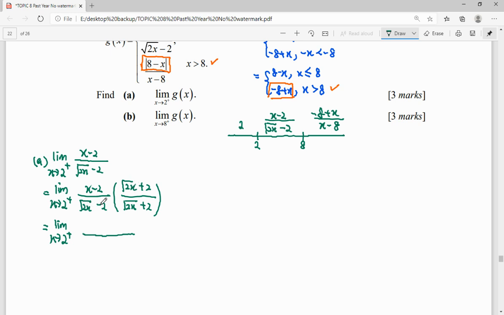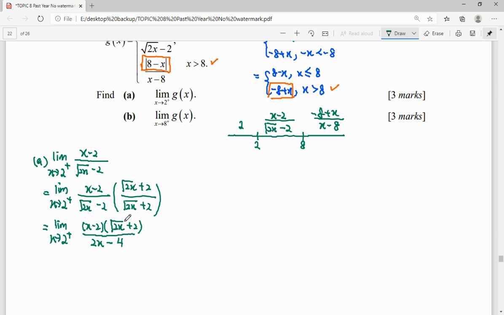So a minus b times a plus b simplifies to a squared minus b squared, which gives us 2x minus 4. Here a squared gives us 2x and b squared is 2 squared, which is 4. Up here, we will maintain the multiplication like this.